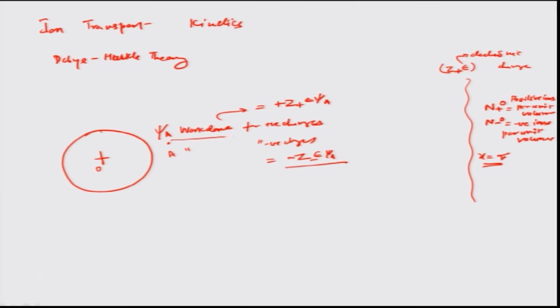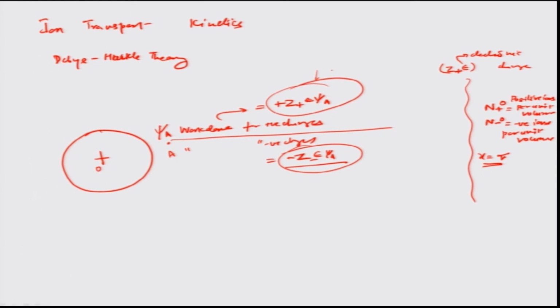So, this is the kind of work that is done to move either positive charges or negative charges. A negative value here means that the system is doing work on you, and a positive value here means that you have to do work on the system for bringing a positive charge close to a positive charge center.